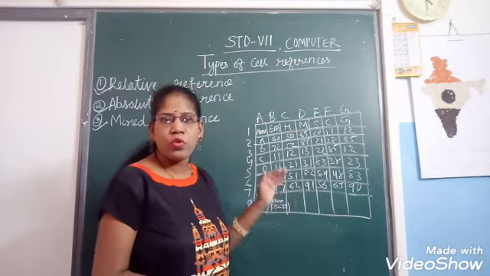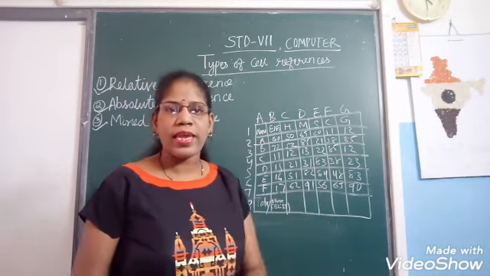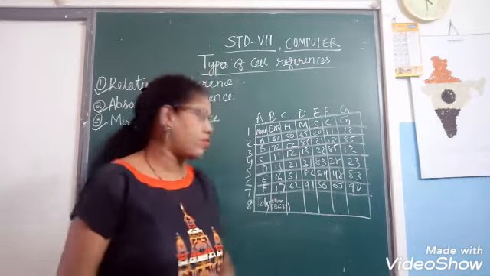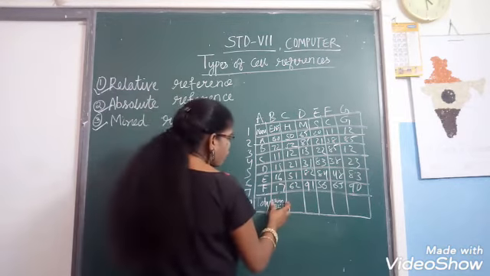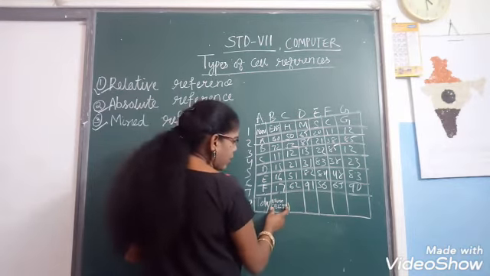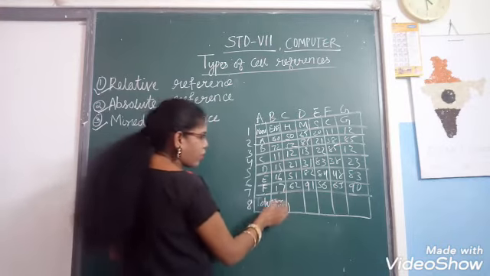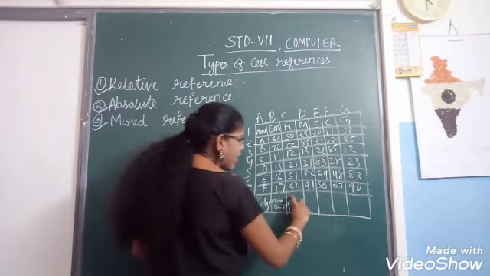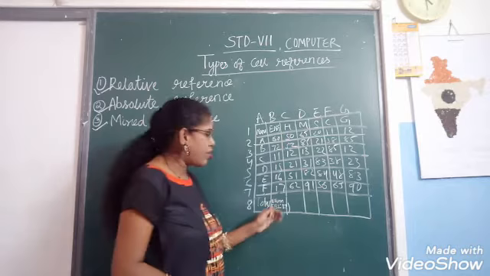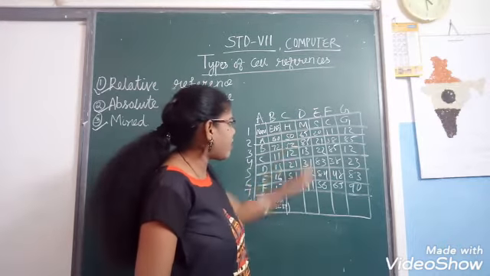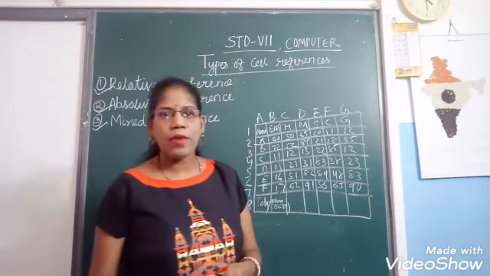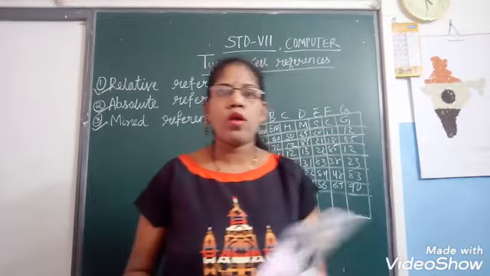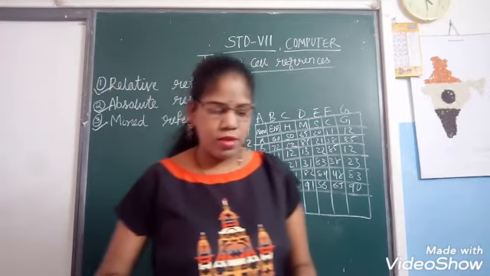So relative reference means there is no need to type the formula again and again; you can just copy and paste the reference. For example, once we have entered the formula, press enter. The formula is copied and we get the result. After that, you click here and just drag it. Then automatically all the additions will be done. No need to type the formula again and again. This is known as relative reference.